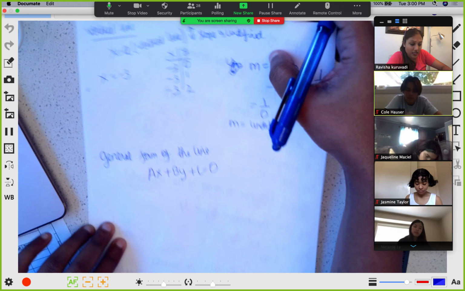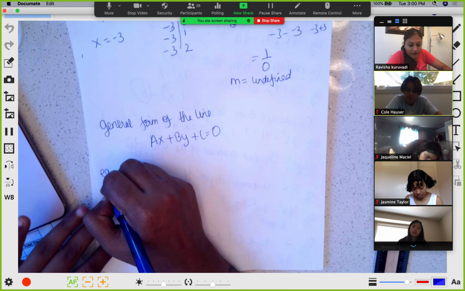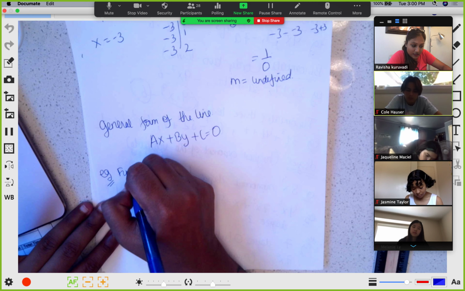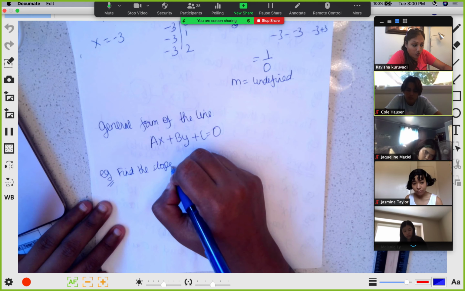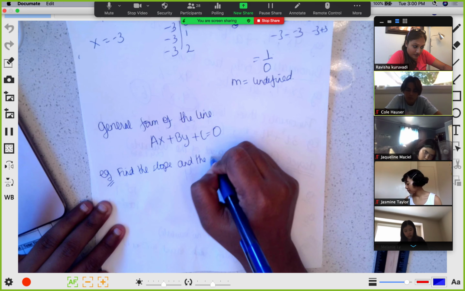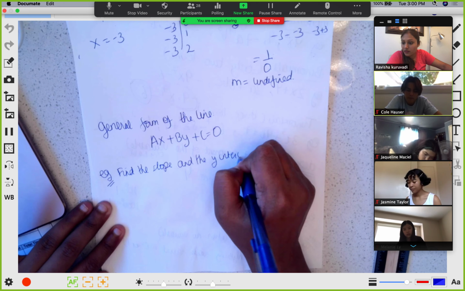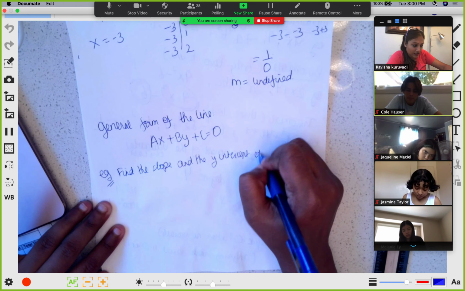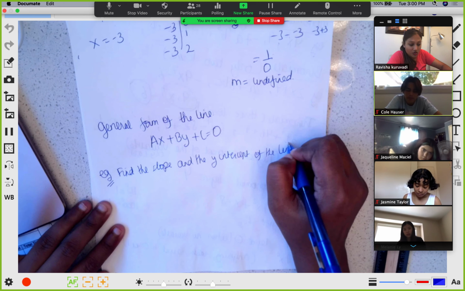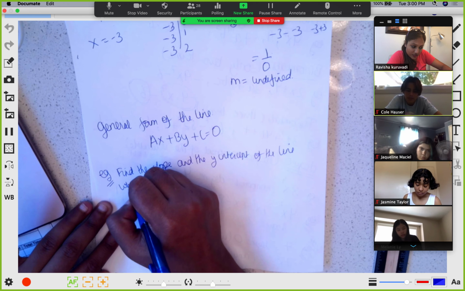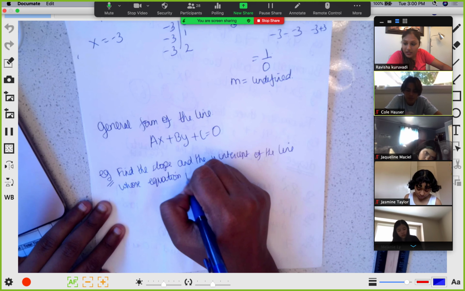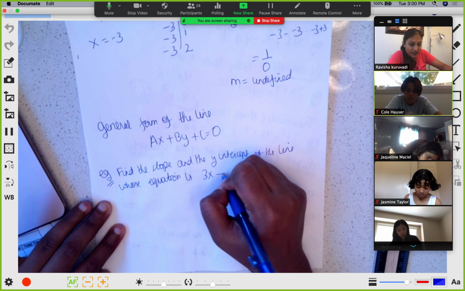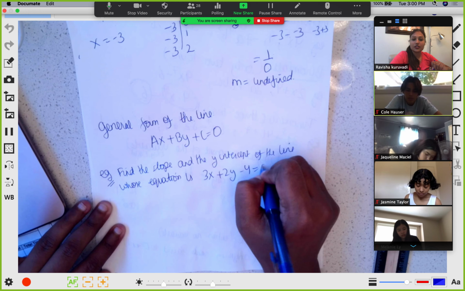Suppose I'll do an example. It says find the slope and the y-intercept of the line whose equation is 3x plus 2y minus 4 is equal to 0.